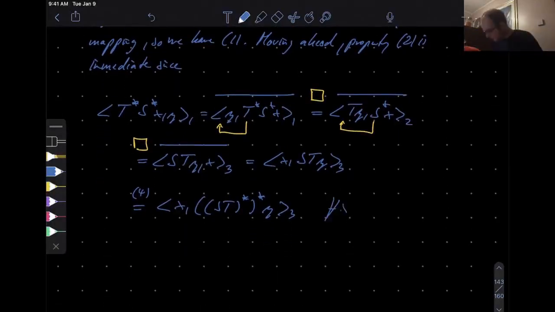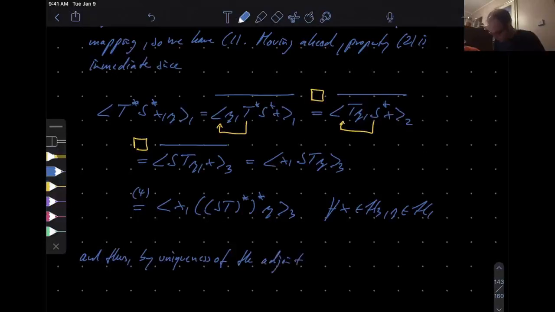And this holds true for all x in H3, y in H1, and thus by uniqueness of the adjoint, you just have to read this as equal to this. So that tells you that the adjoint of ST is T adjoint S adjoint. So we have the adjoint of ST is T adjoint S adjoint.